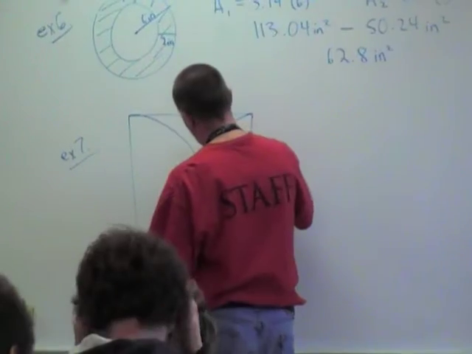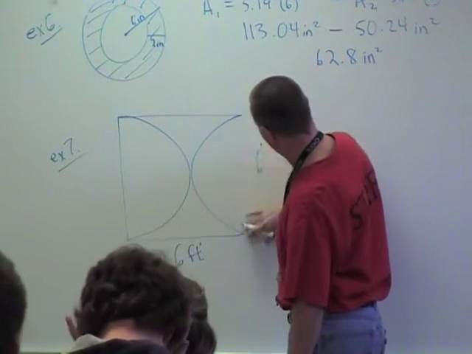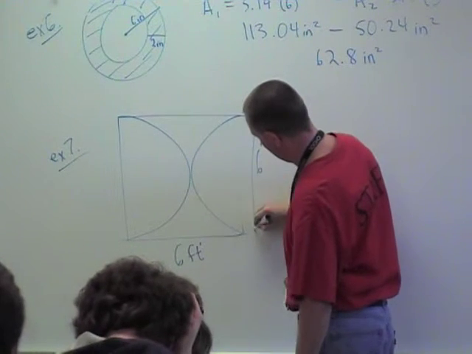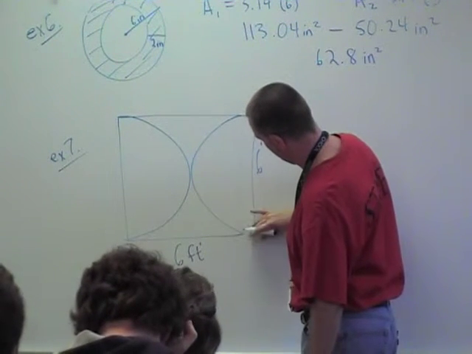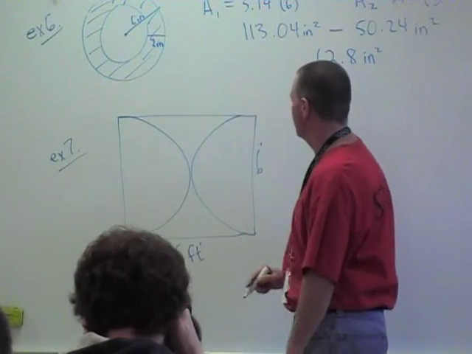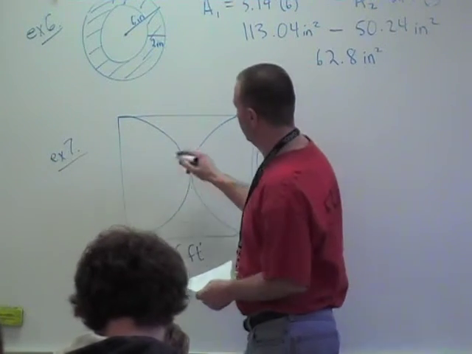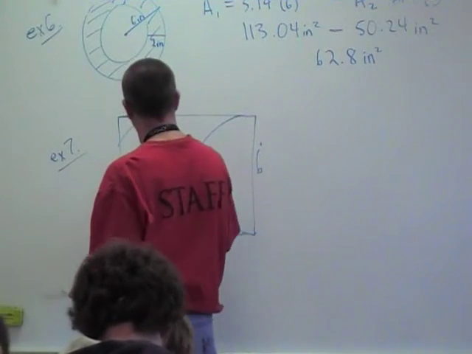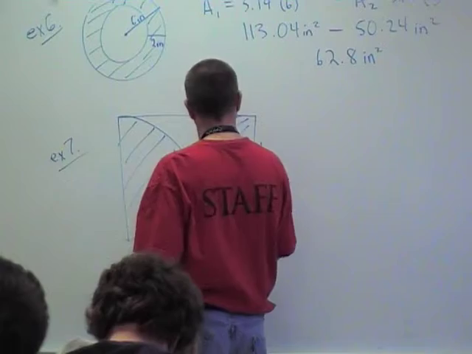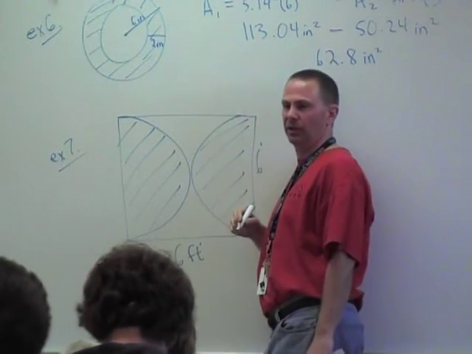And in this square you have 2 half circles that are identical. Alright, so 2 half circles, back to back. I want to know the area of the 2 half circles put together. What are 2 half circles put together?